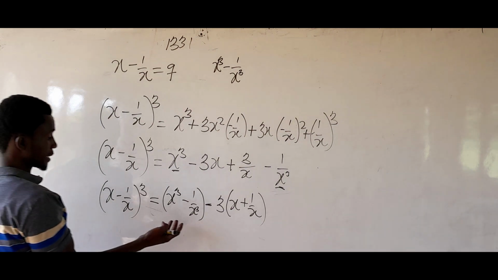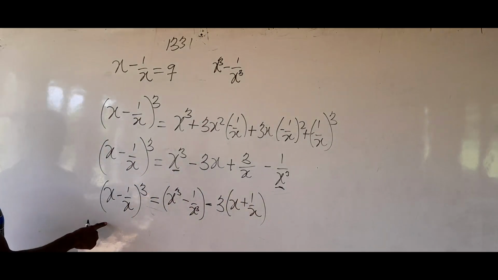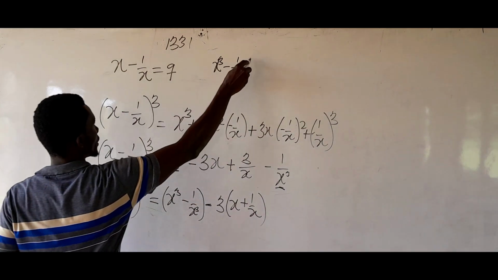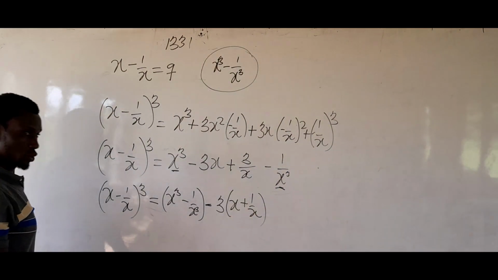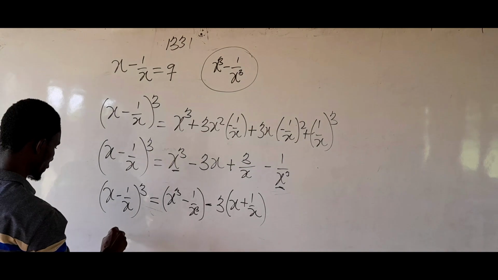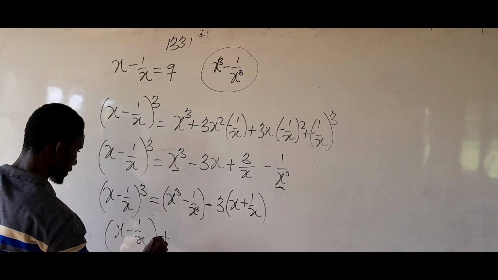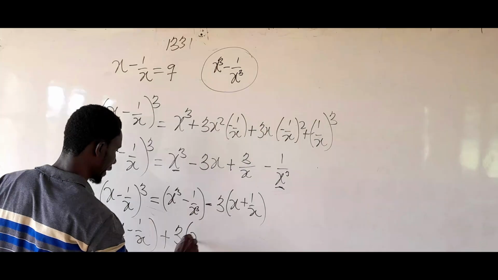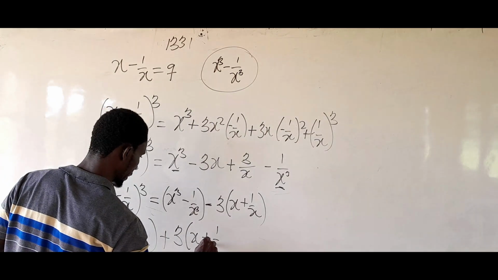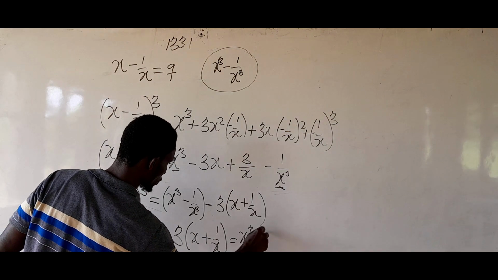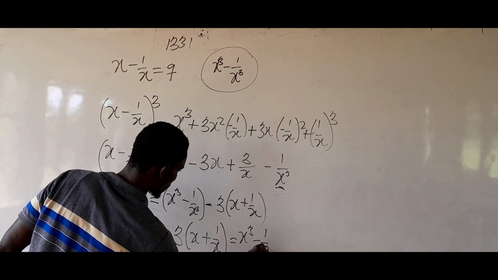So here you see that this one will come here, leaving x cubed minus 1 over x cubed, which we have been asked to do. So you will get x minus 1 over x plus 3 multiplying x plus 1 over x is equal to x cubed minus 1 over x cubed.